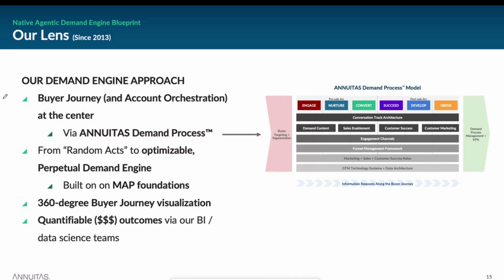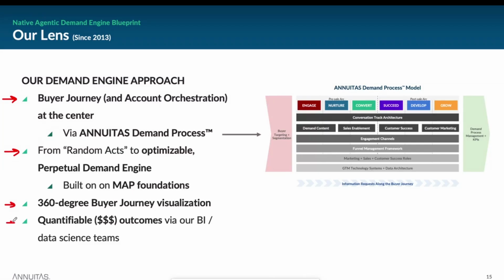We're always looking for our demand engines to be buyer-centric, orchestrating and engaging across the account, across stakeholders, but putting them at the center of the demand process. Building an engine that is optimizable, not a collection of tactics and random acts and quote campaigns. Making sure that we see these buyer journeys in a 360-degree way and that we're bringing the data science, the visualization to bear.